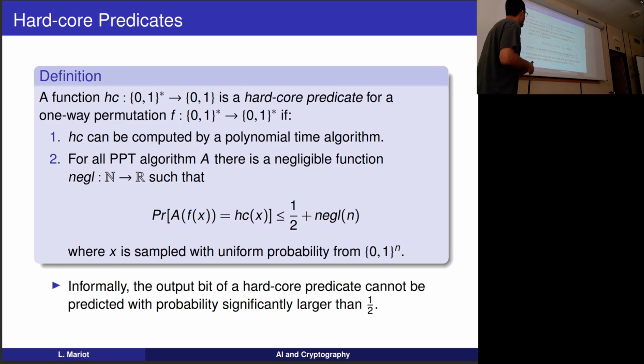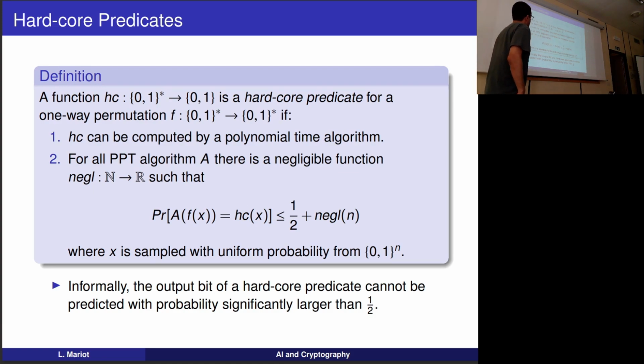Well, basically, besides the formal definition that you have here on the slide, intuitively the idea is that if you have a function, let's say f, an example of a one-way function or something like that, and the output of this function is encoded in bits, then you can compute a predicate, so a Boolean formula, not on the output of the function, but on the input of the function, so x.